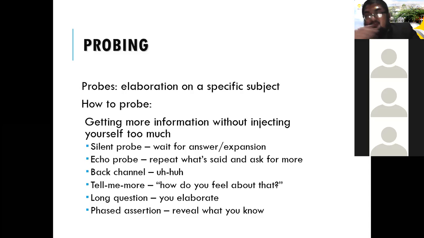But if after giving them time, they didn't mention the thing that you want to probe, then you can ask the interviewee specifically what you want to ask. It's called the phased assertion, to reveal what we know and ask them to elaborate specifically about that particular topic that we want to probe.